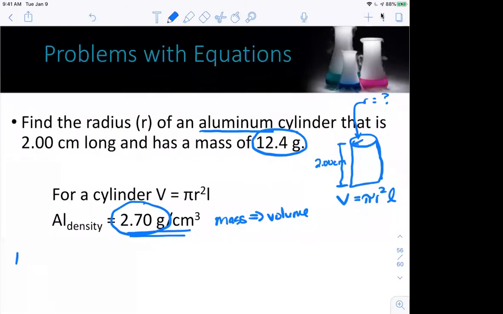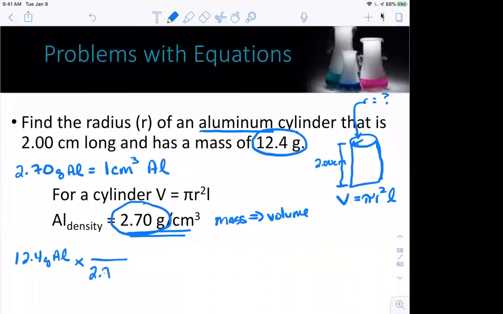So I have 12.4 grams of aluminum. My density, again, I have 2.70 grams of aluminum for every 1 centimeter cubed of aluminum. I want grams to be on the bottom. I want centimeter cubed to be on the top.